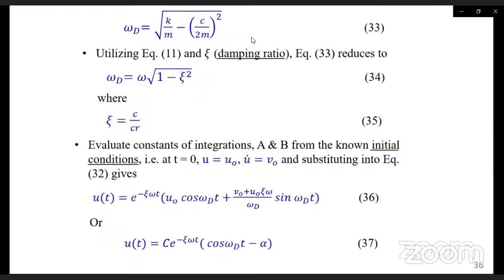Now utilizing equation 11, if you go to your note, equation 11 is the undamped omega, the root of k over m.